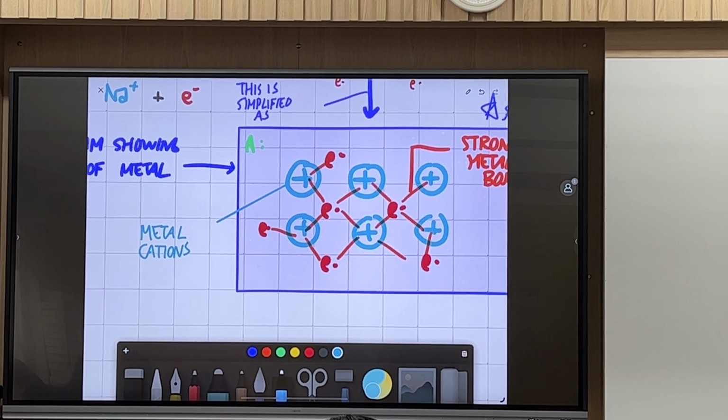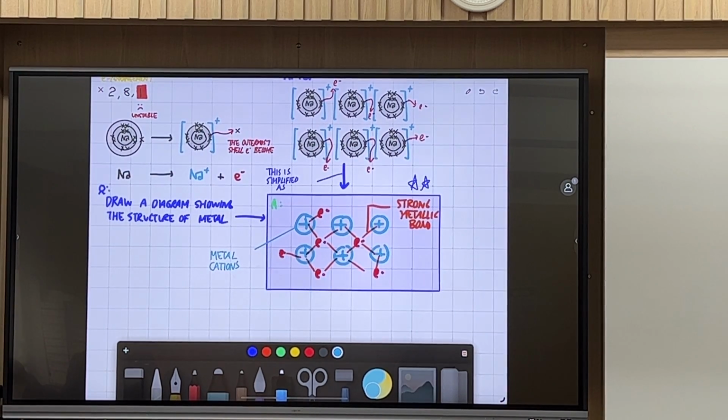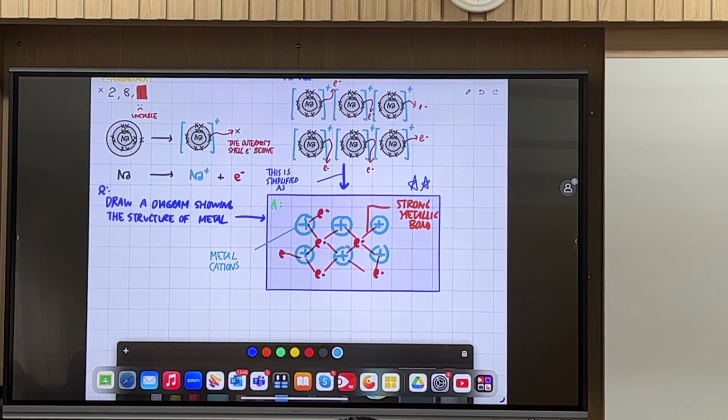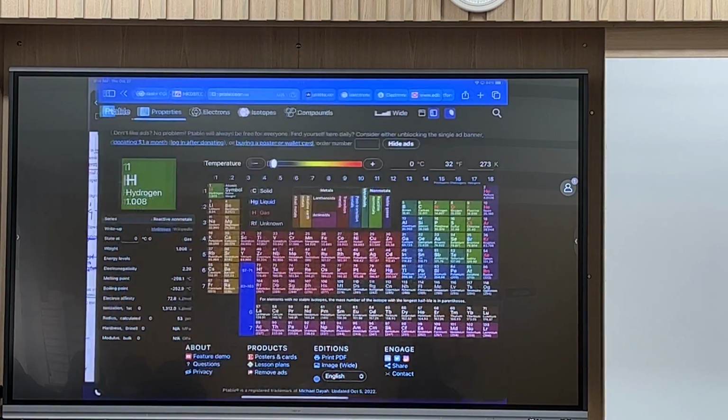Metals, can they form negative ions or can they only form positive ions? Can metal form negatively charged ions? No, why not? Where are they on the periodic table? Are they closer to the previous noble gas or to the next noble gas? Previous. Okay, let me show you. If you're unsure, you can always refer to the periodic table.